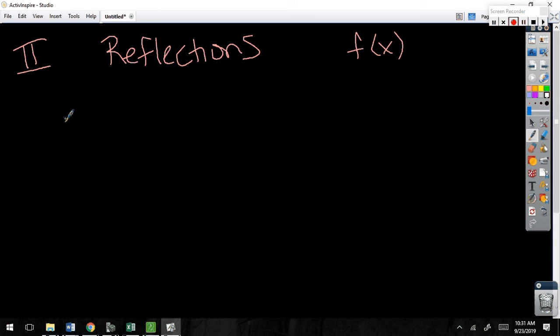The first one is if I negate everything in f of x, okay? So you got to think about this. If I put a negative in front of f of x, that kind of means whatever f of x is, I'm going to put a negative out in front of everything. So it would apply to everything inside there, okay?